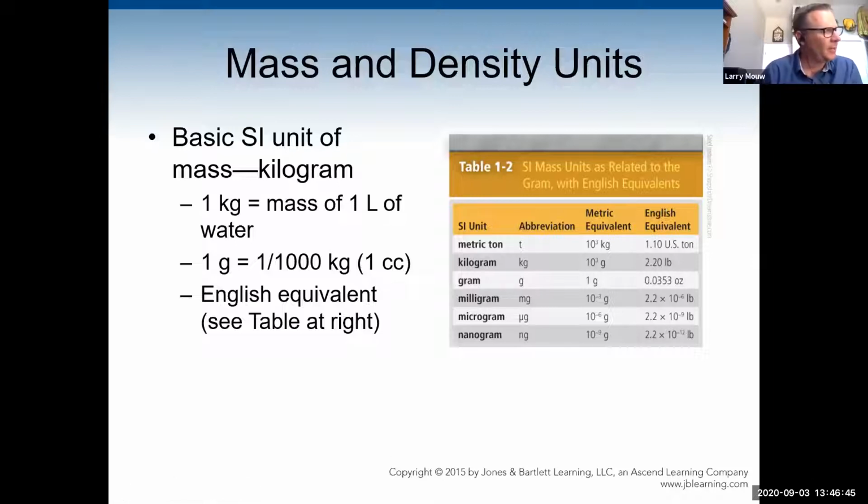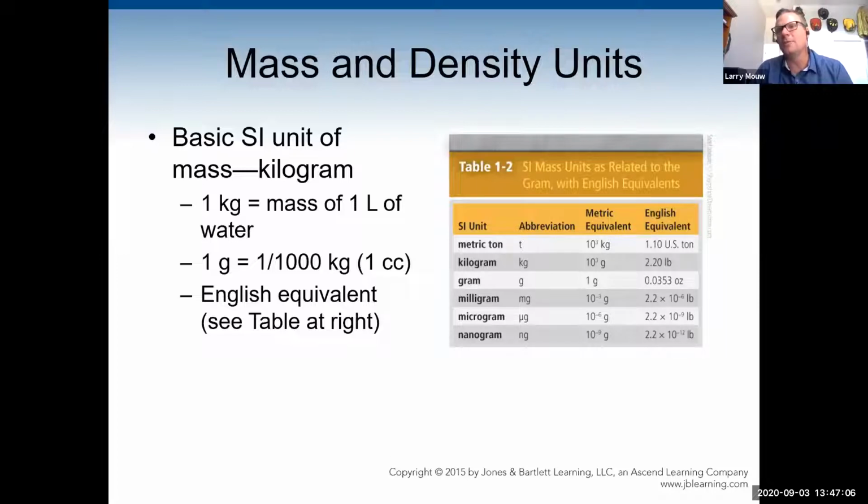If we look on page 4, it says the mass of an object is a fundamental property of the object representing the quantity of matter in the object. By comparison, weight refers to the force acting on an object because of gravity attraction and is a convenient way to measure mass on Earth at sea level.